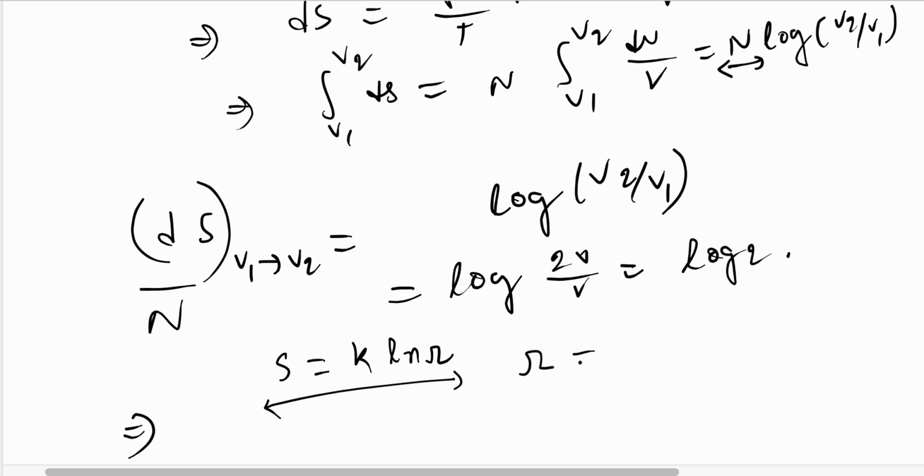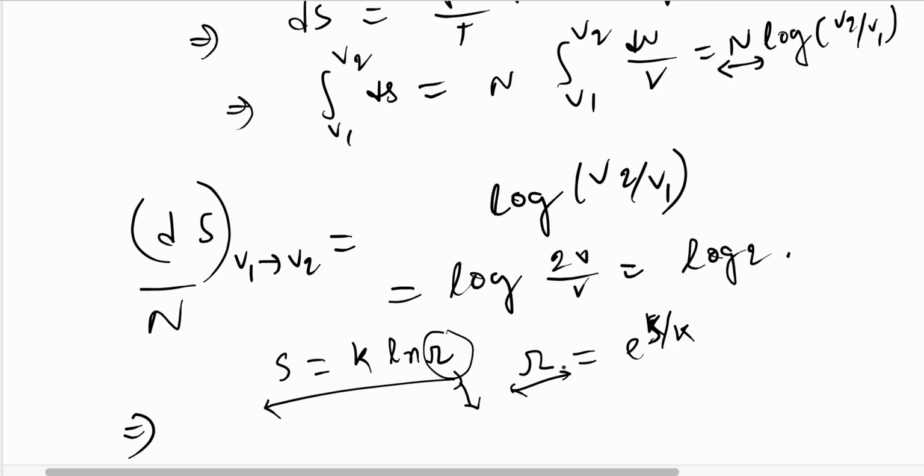omega is equal to e to the power S by k. It's not thermodynamic probability, it is actually the number of microstates. Also we may call it thermodynamic probability, I don't know, but it is actually called the total number of microstates here.